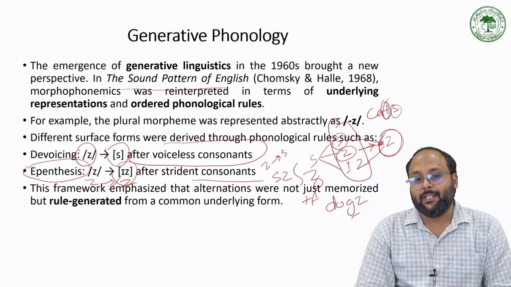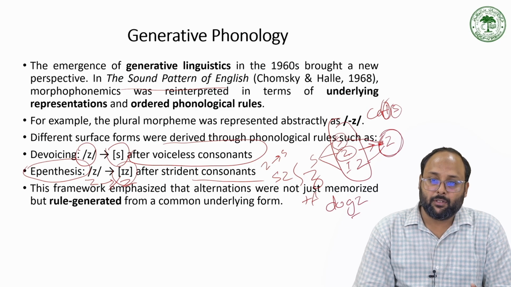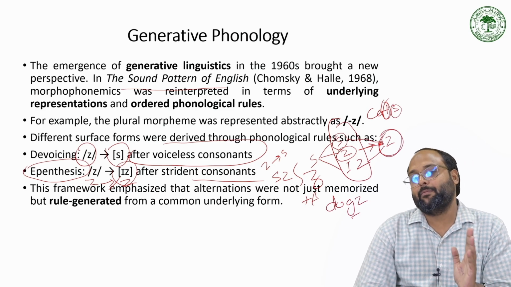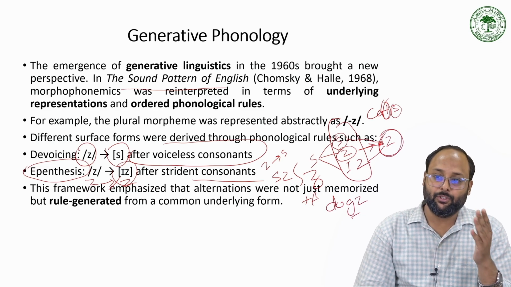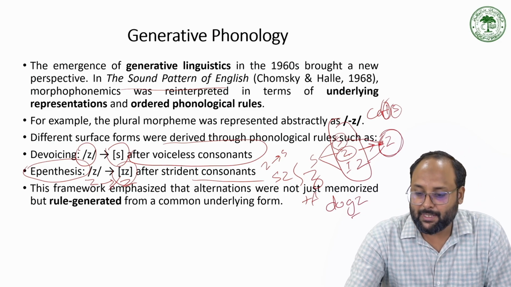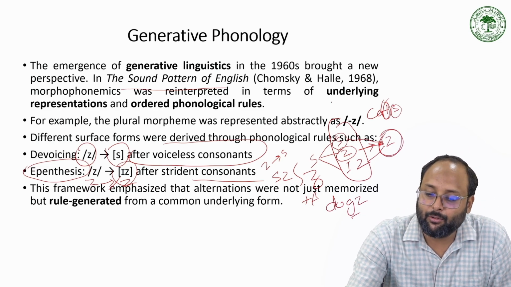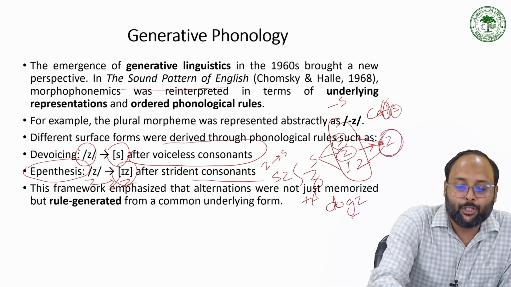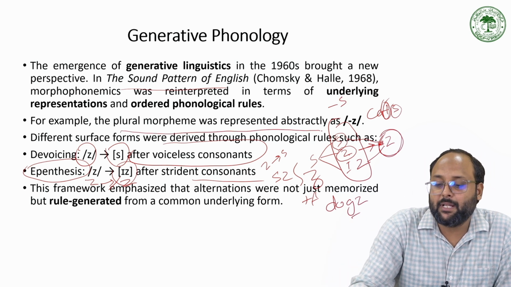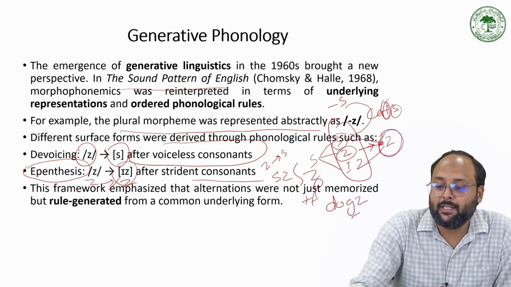So this is the concept described by the generative phonologists. They said that the plural marker sa actually has the plural morpheme represented abstractly as za.